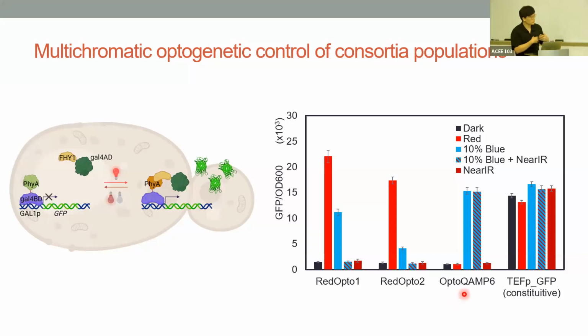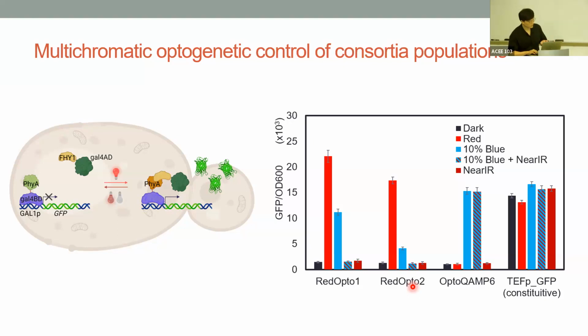This one here is a blue light inducible optogenetic tool that a previous PhD graduate has utilized. So in theory, we can combine this blue light tool and the red light tool and have several different members in a microbial co-culture, controlled with red, controlled with blue, and controlled with dark.